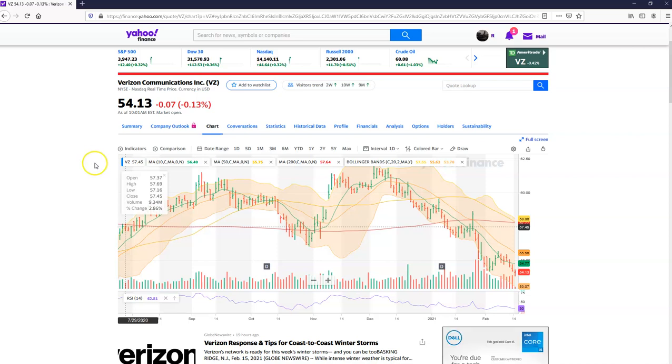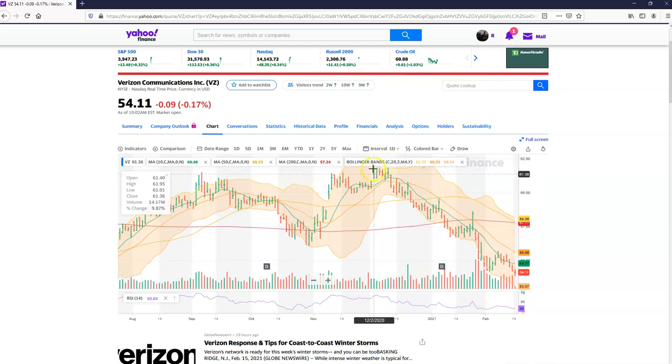So how to read this information. Each one of these bars represents the price of the stock on a particular period. It depends on what period you've selected for your chart. As you can see here, it says interval 1 day. So each one of those lines represents 1 day.